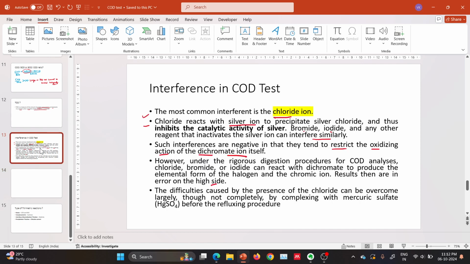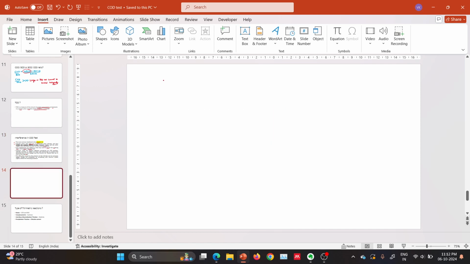What is this point saying? This chloride, iodide, and bromide are in reduced form, so they are oxidized.